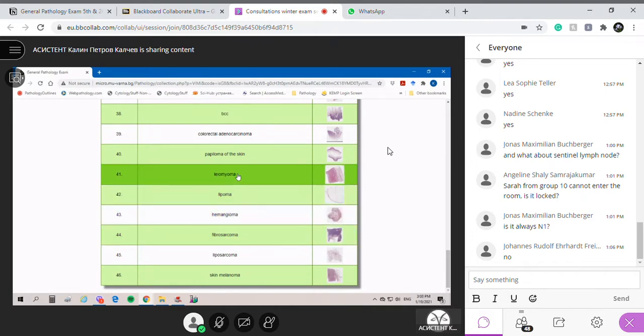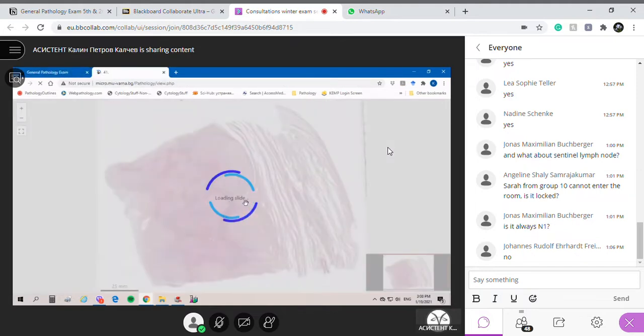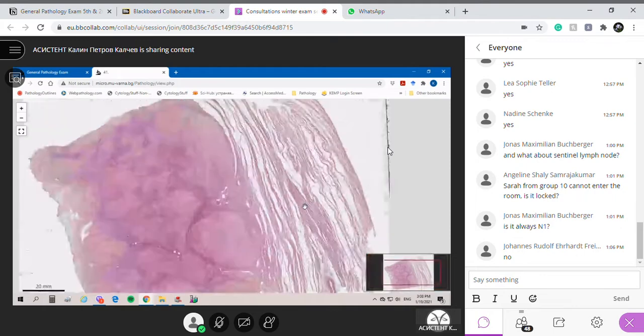So let us start with the leiomyoma. And here we have such a leiomyoma, also known as a fibroid of the uterus. Actually, it's a tumor of the smooth muscle tissue. Obviously, this is the tumor, and this is the normal smooth muscle tissue.